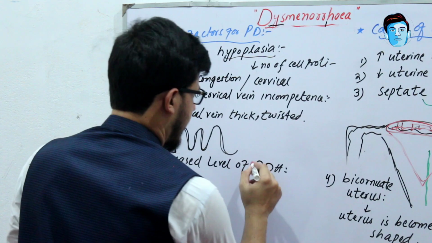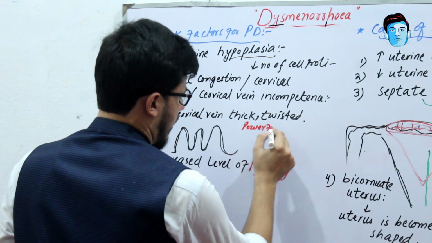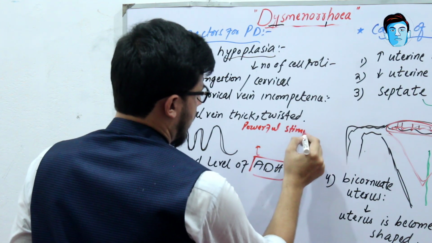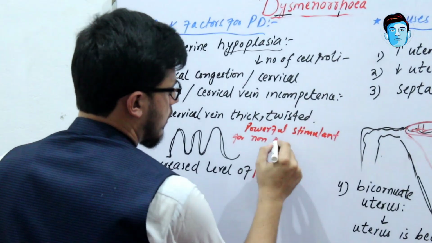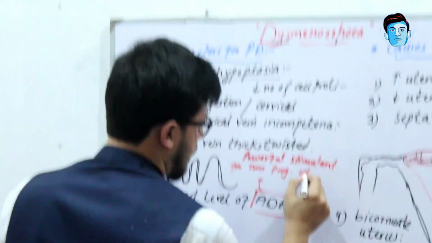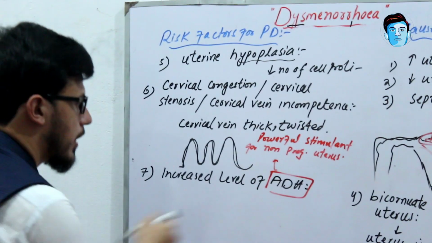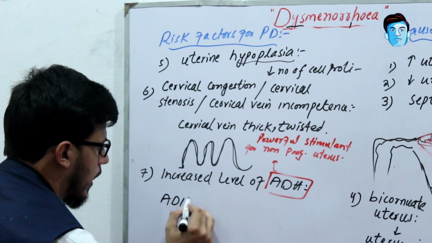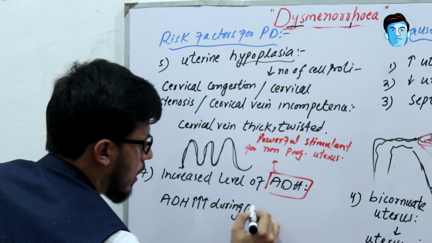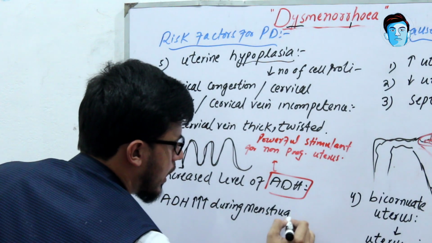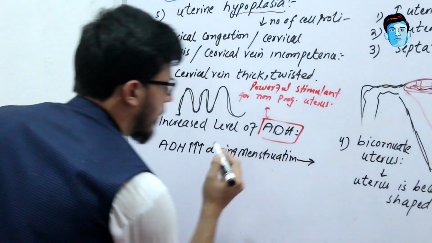Now suppose the ADH level is increased from the normal value during menstruation, so what happens? It directly affects the myometrium layer.